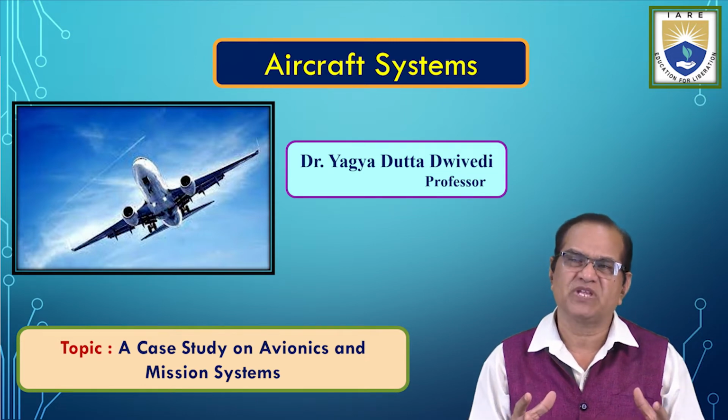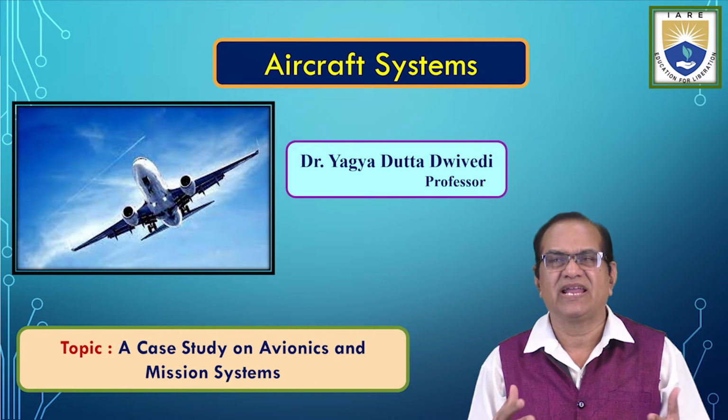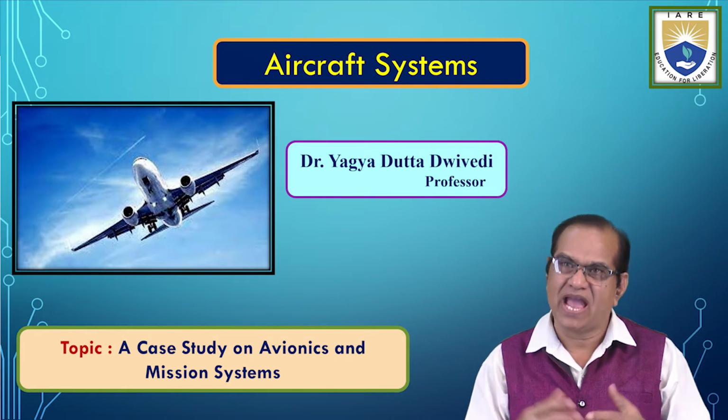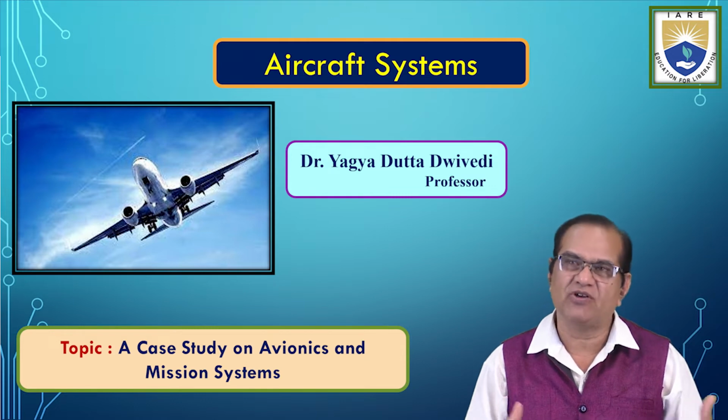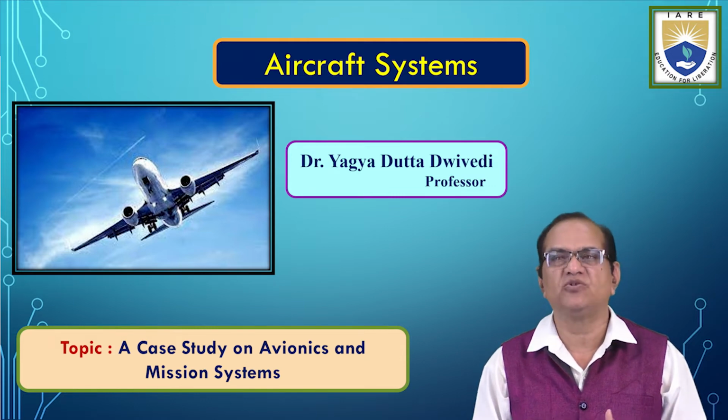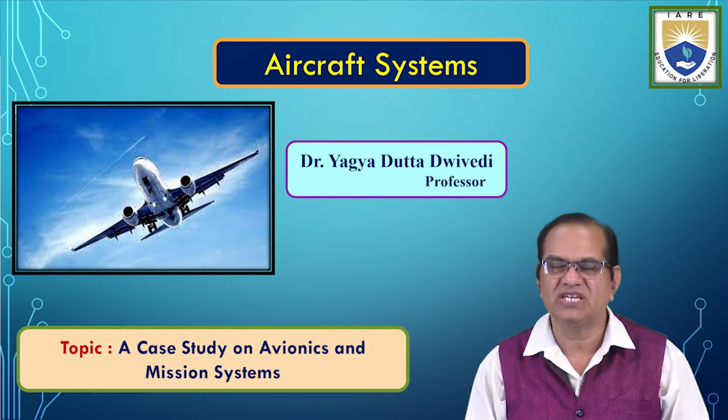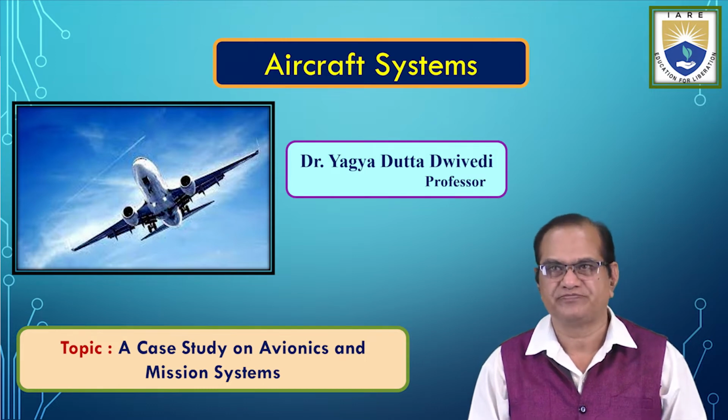First one is the navigation system, another is the communication system, and between these two there is an interface, which is the computers. Nowadays we have modern computers which are used for the interfacing of avionics systems.